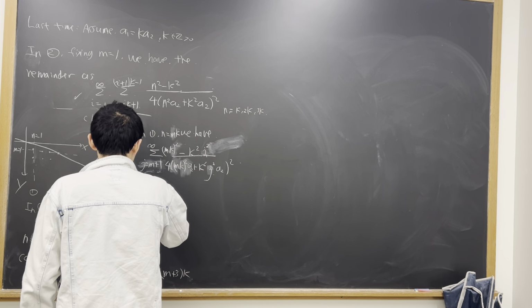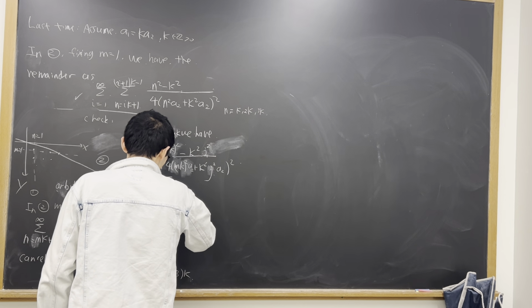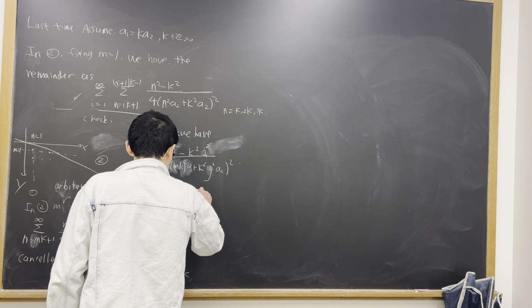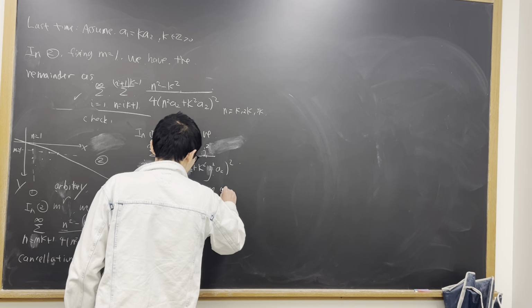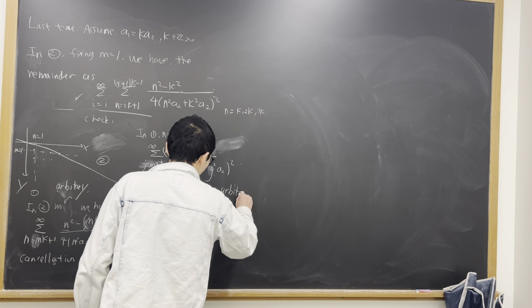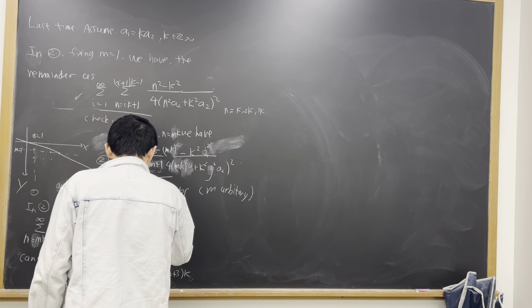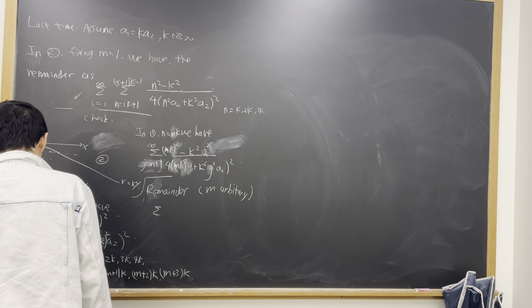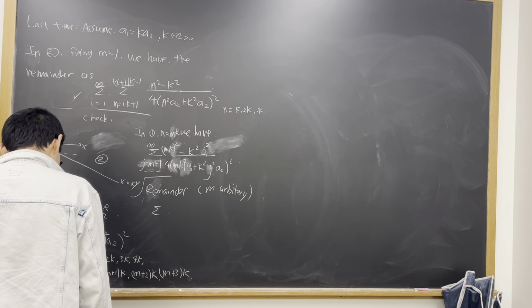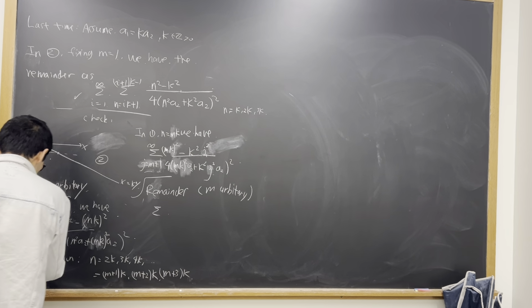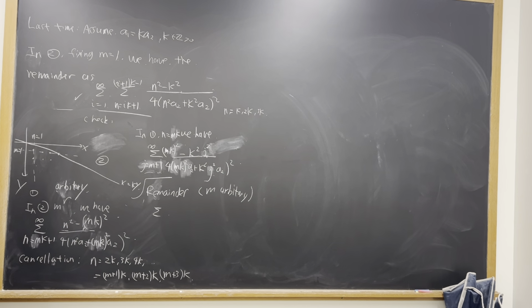So the remainder would be, for the m arbitrary case, we are taking the sum of which one? So it should start at, wait.